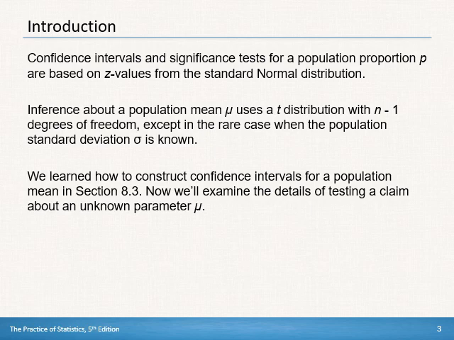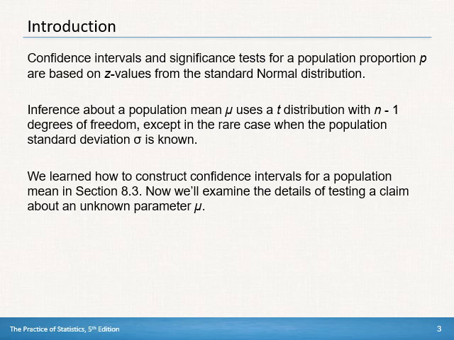Significance tests for means mean we're still going to be stuck with a t distribution with n-1 degrees of freedom, because when we substitute our sample standard deviation S in place of sigma, which we have to assume is unknown in most cases, the sampling distribution of x bar does not end up being normally distributed.